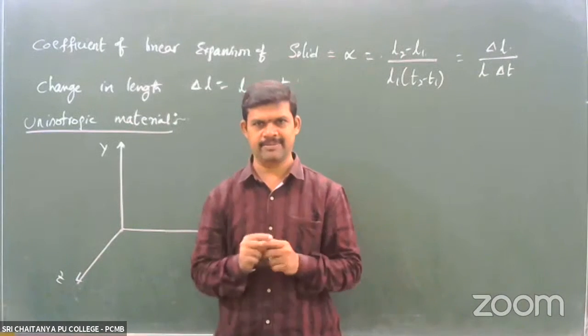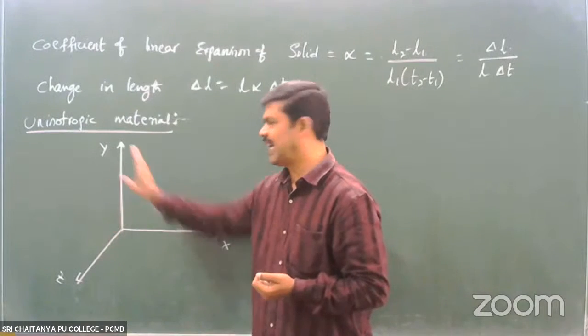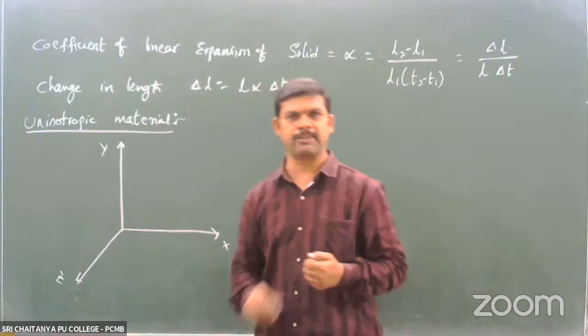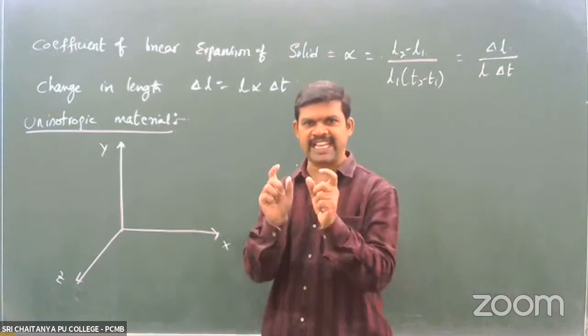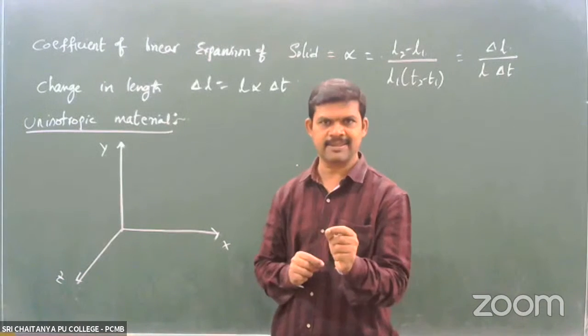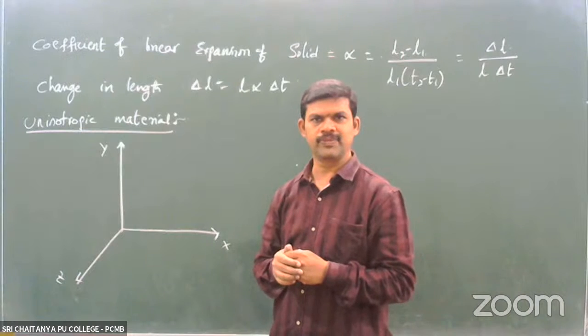It differs. Along the x-axis, expansion is different, along the y-axis it may be different, along the z-axis it may be different. Those expansions are different along different axes, that you call anisotropic material.